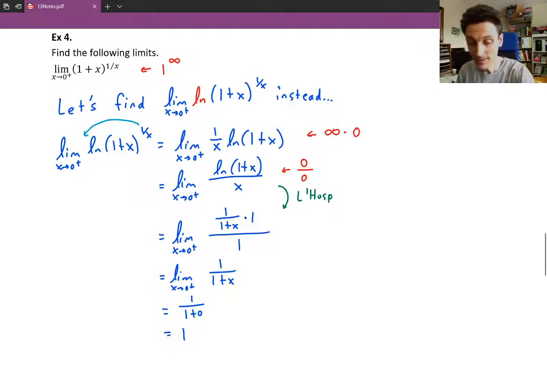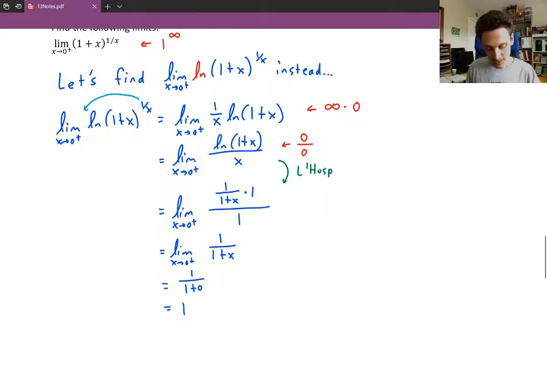Now, sometimes people will accidentally stop here, and I've seen this happen many times. But remember what we found. We just found the limit as x approaches 0 from the right of ln of 1 plus x to the 1 over x, which is not what we were asked to do. We were asked to find the limit as x approaches 0 of just 1 plus x to the 1 over x.